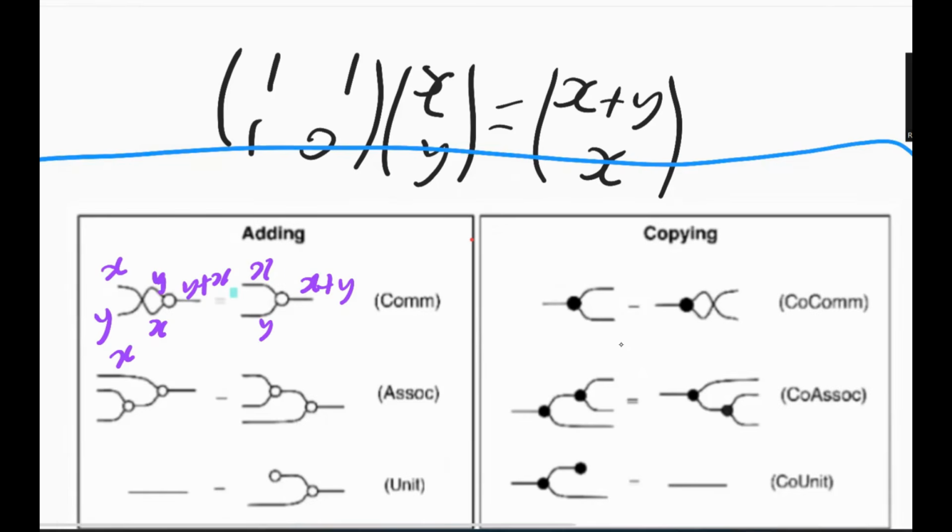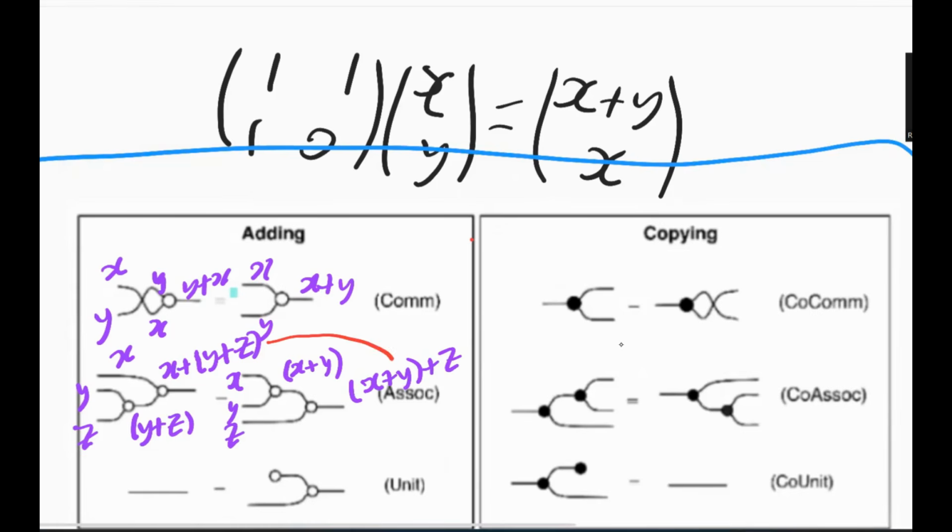This one here is saying if you have an x, a y, and a z, here you have y plus z, and here you have x plus open bracket y plus z close bracket. On the other hand, here we have these, and then this is x plus y. And so this is x plus y in brackets, plus z.